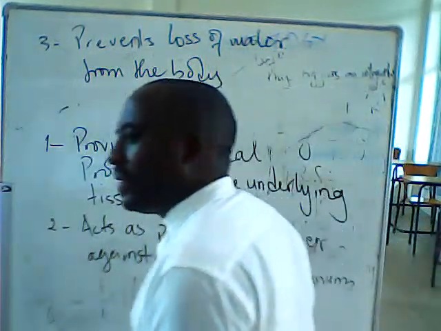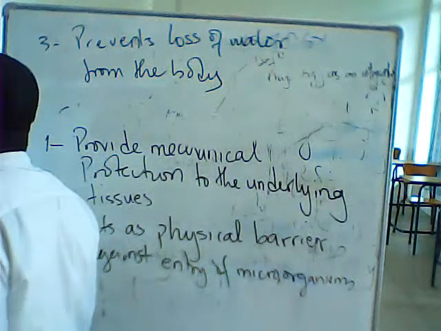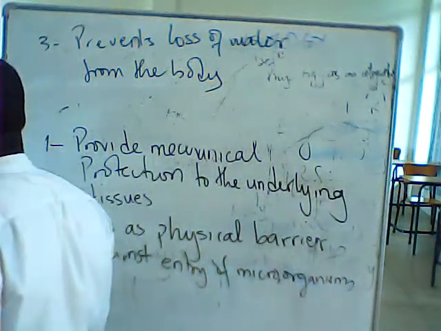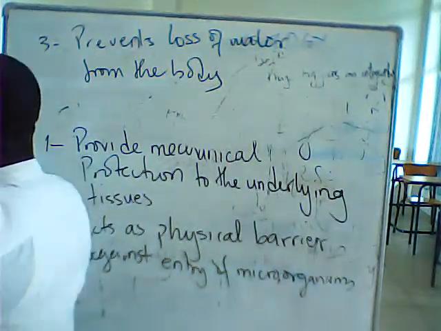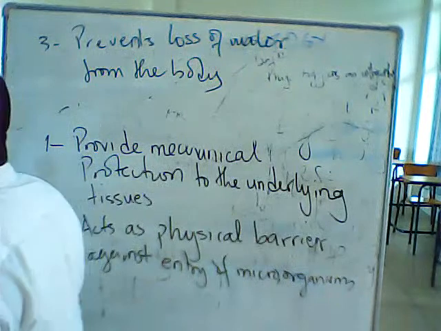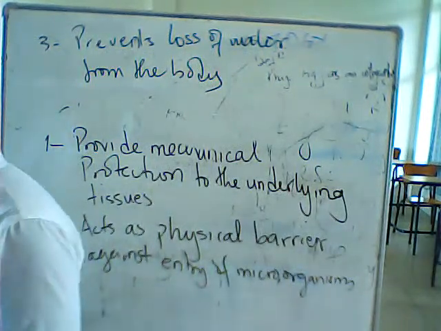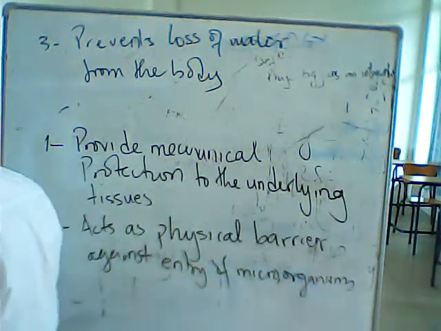Somebody is asking, are we done with cell structure and functions? We have not even started cell structure and functions yet. The first thing we looked at was an introduction. Now we're looking at the functional organization of the human body. When we look at the whole broad functions, then we come to cell physiology. After the broad look at the internal environment, we come to cell physiology.